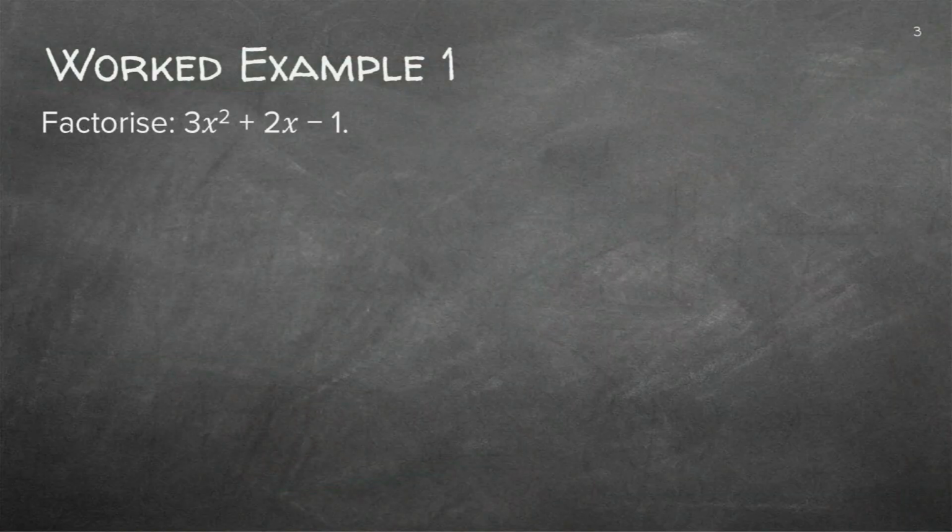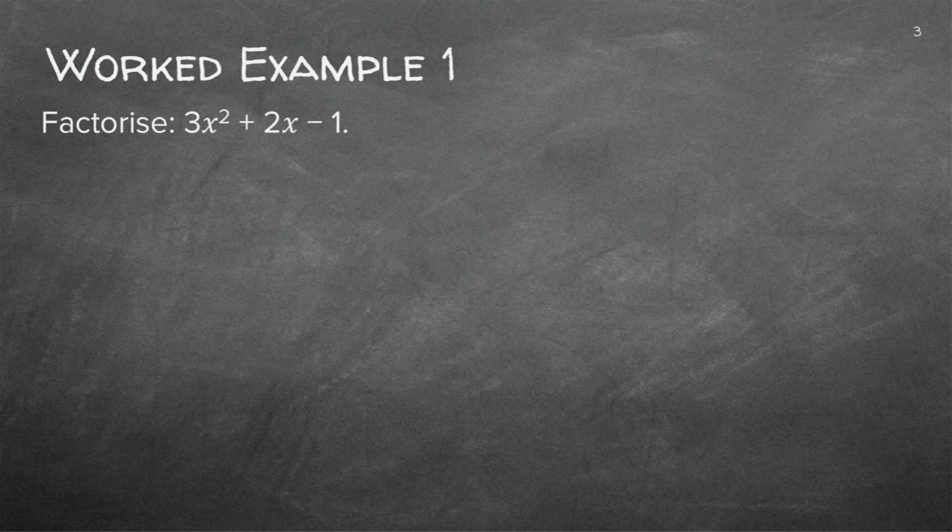All right, so the first thing, guys, before you do anything, look out for any common factors. Now let's check for common factors. I have 3 there. Do I have 3 on that side? No, I don't have 3 on the other side, so 3 is not a common factor. X, I have x squared, I have x, but I don't have x on the last one, so I don't have common factors at all.